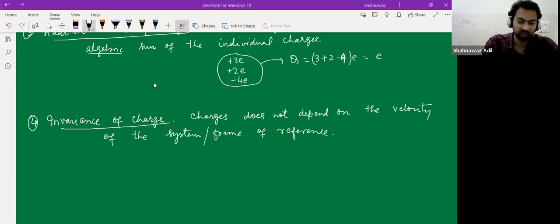So this property is an important one. Like mass: when you move at a very high velocity, your mass will change. So mass is relativistic. But charge, whether you are moving with the speed of light or not, doesn't depend upon the velocity.